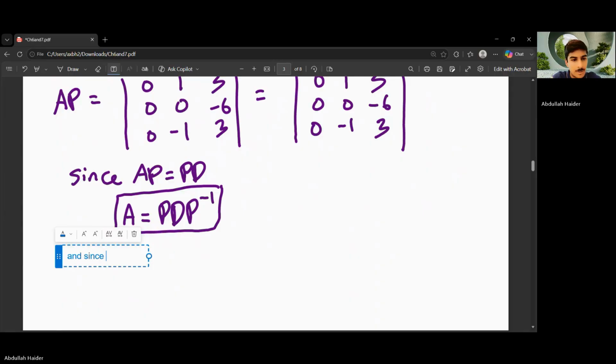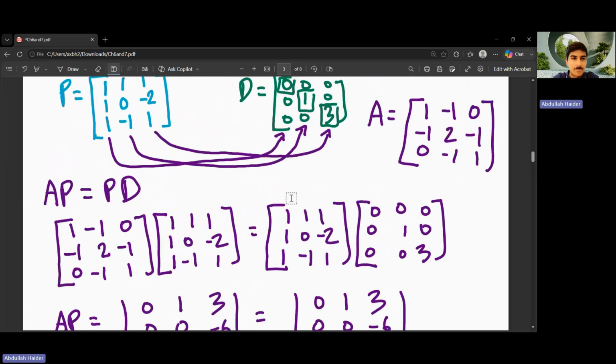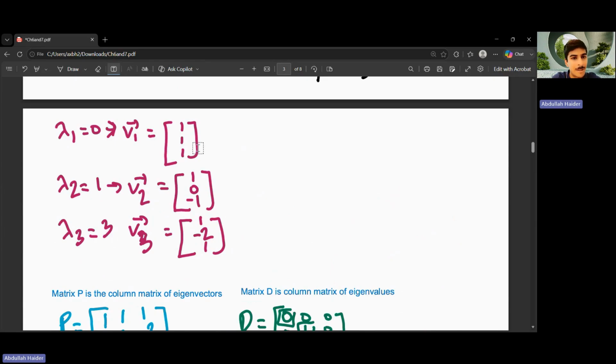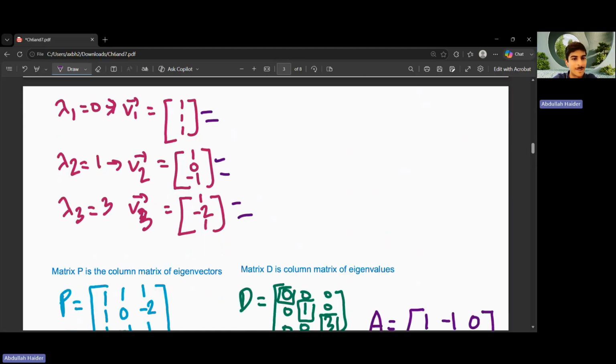And then, since the eigenvectors are linearly independent. What I mean by independent is you have these eigenvectors, and linearly independent means you cannot write one vector in terms of another vector. So this and this are linearly independent, this and this are linearly independent, and this vector and this vector are also linearly independent.